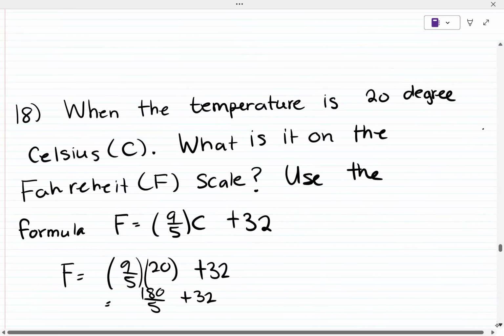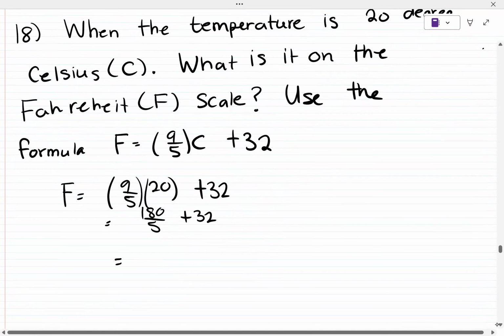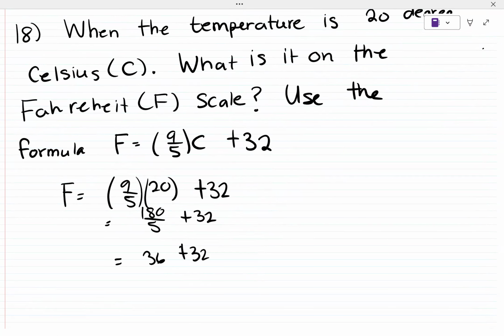And then 180 divided by 5 is 36 plus 32, and you get 68 degrees Fahrenheit. That wasn't too bad.